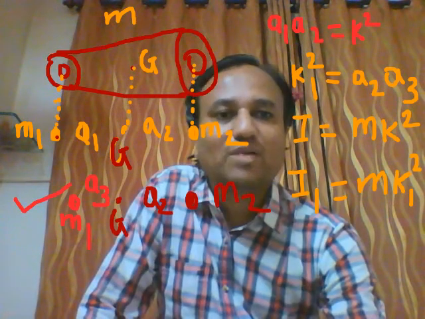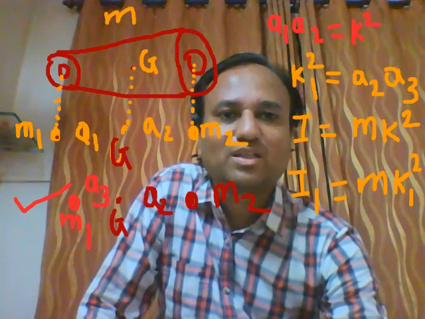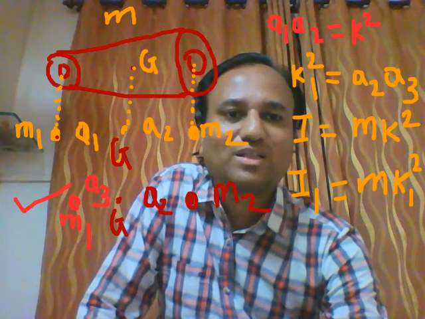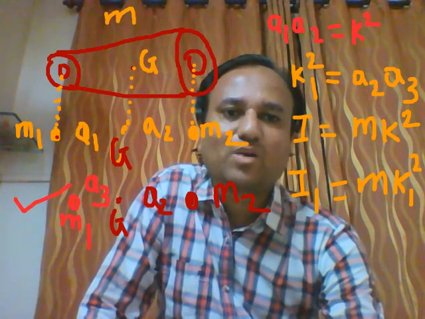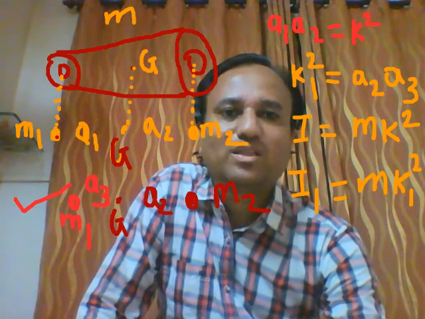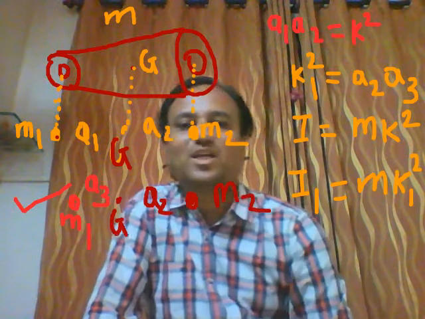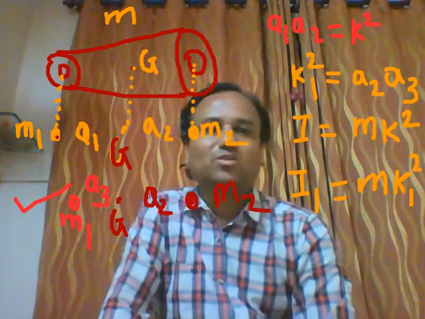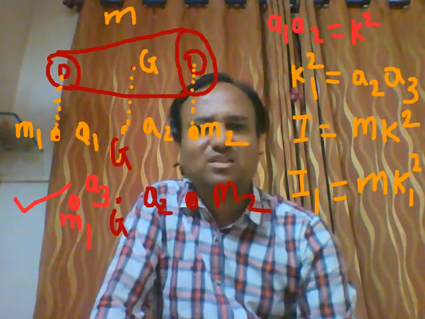K1 is A2, A3. So our aim is to calculate A2, A3. Then only can you calculate K1. After knowing K1 you can calculate I1. Similarly, if you know A2, A3, then only you can calculate M1 and M2. That empirical relation we will discuss later.